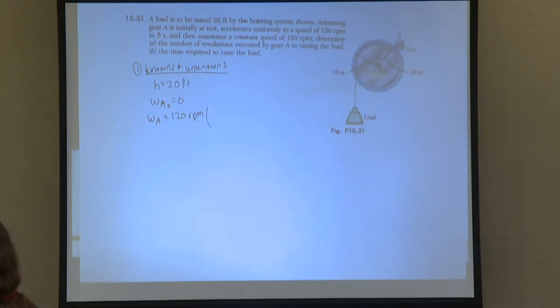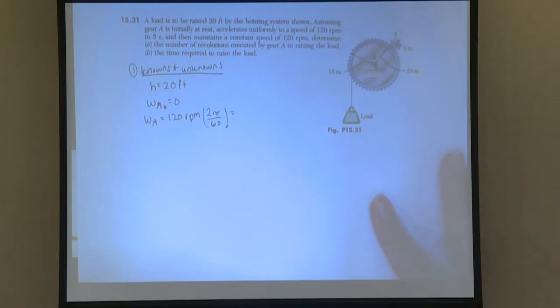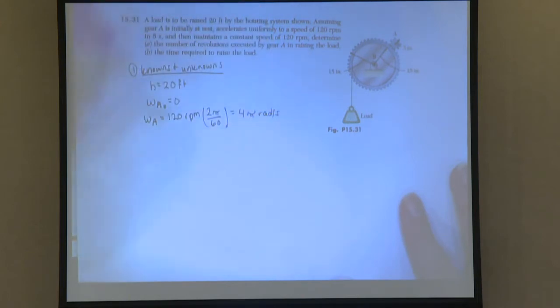What do I want to convert it to? Radians per second. Good. How do I do that? Very good. 2 pi over 60. Hopefully you all remember that, because I believe that would be the kind of conversion factor that she wouldn't give on a formula sheet. I think you just need to know it. So this should give you 4 pi radians per second.